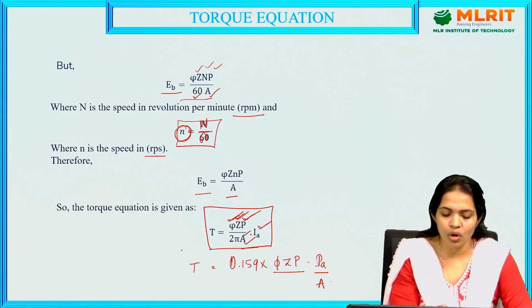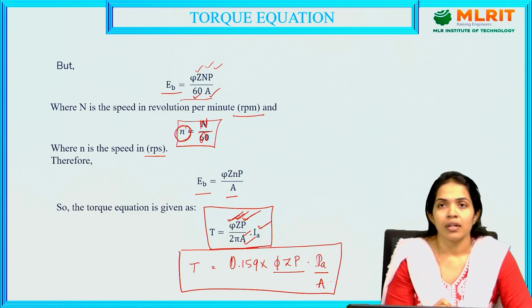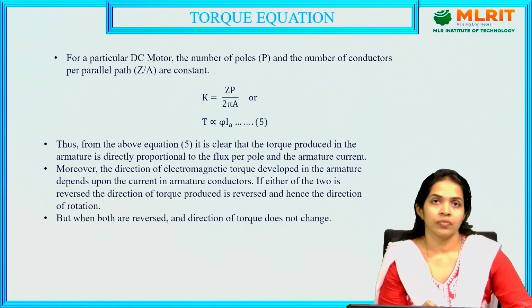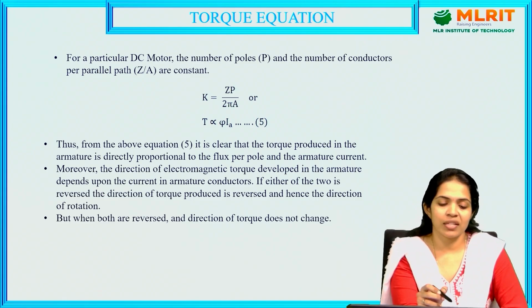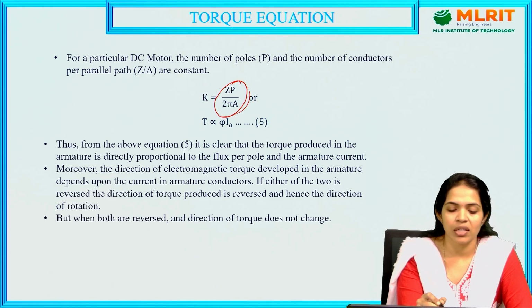So this is the torque equation which we consider for the DC motor. From this we can see that all these terms are constant, that is the number of conductors, number of poles, and the number of parallel paths.